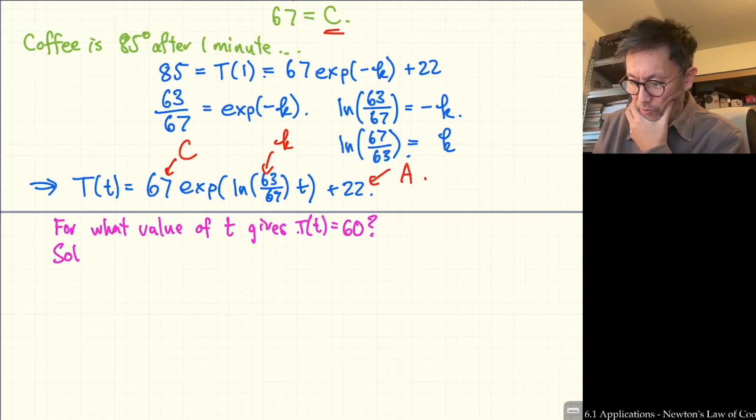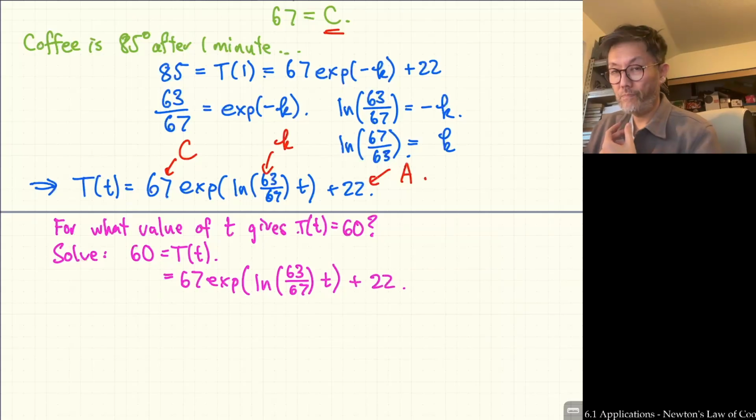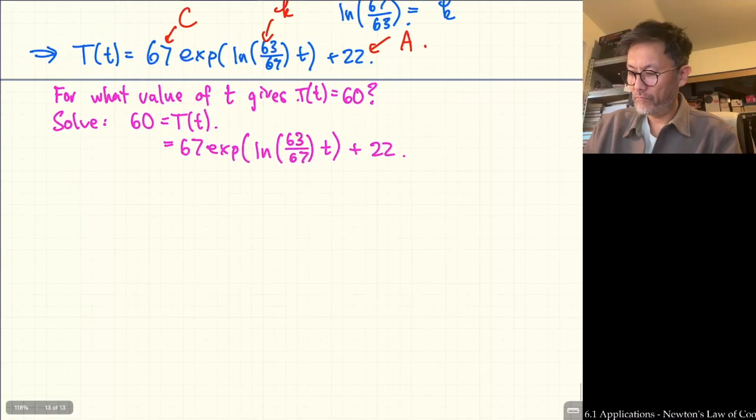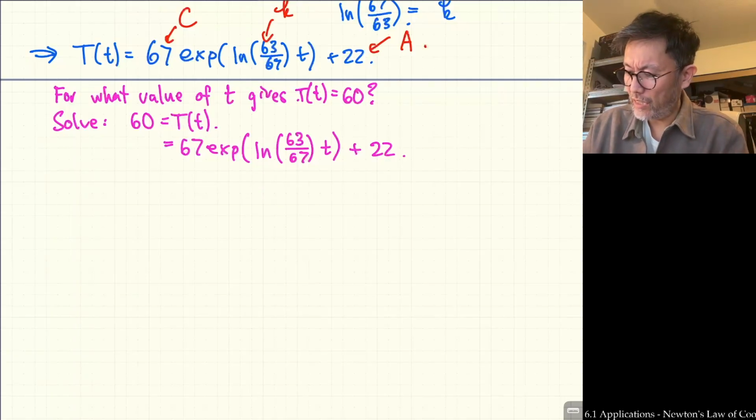So I want to solve 60 is equal to T of t, which means I want to solve 60 is equal to 67 times exp of natural log of 63 over 67 times t plus 22. If I subtract 22 from both sides, what's 60 minus 22? It's 38. And then I divide by 67.